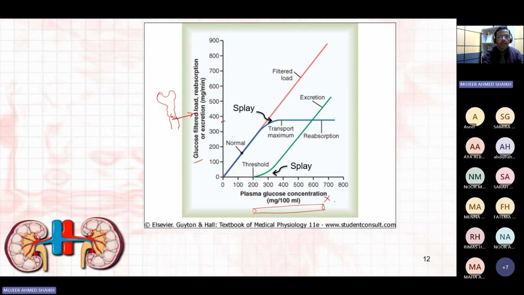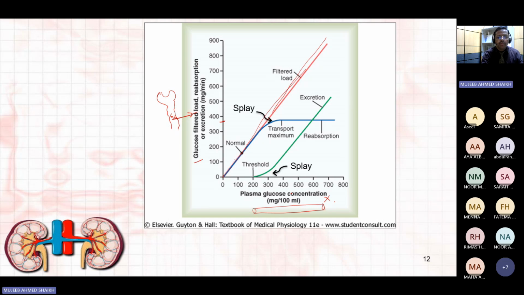Let us put a mark at 375 here. If anything is filtered freely and the concentration in the plasma is increasing, it will be filtered more. So there will be a linear relationship, a straight line will appear.